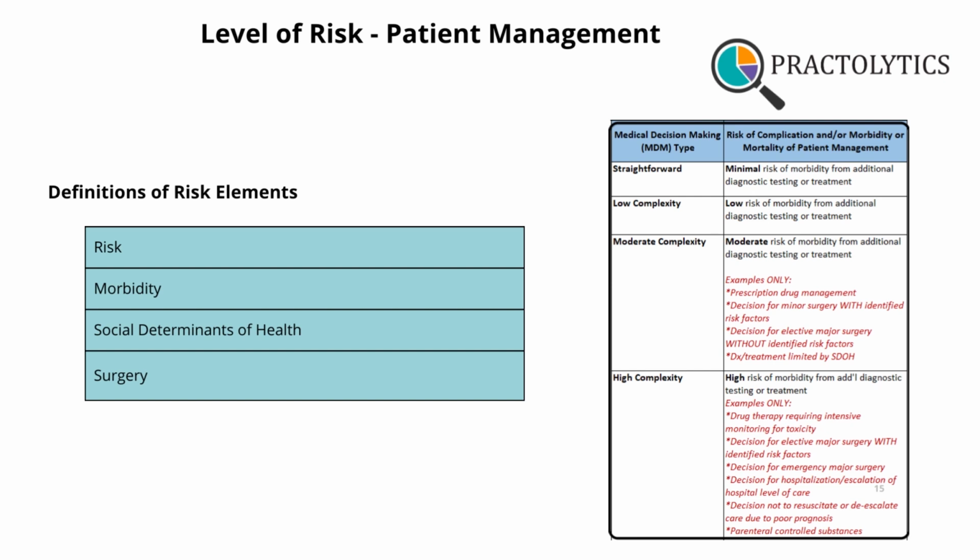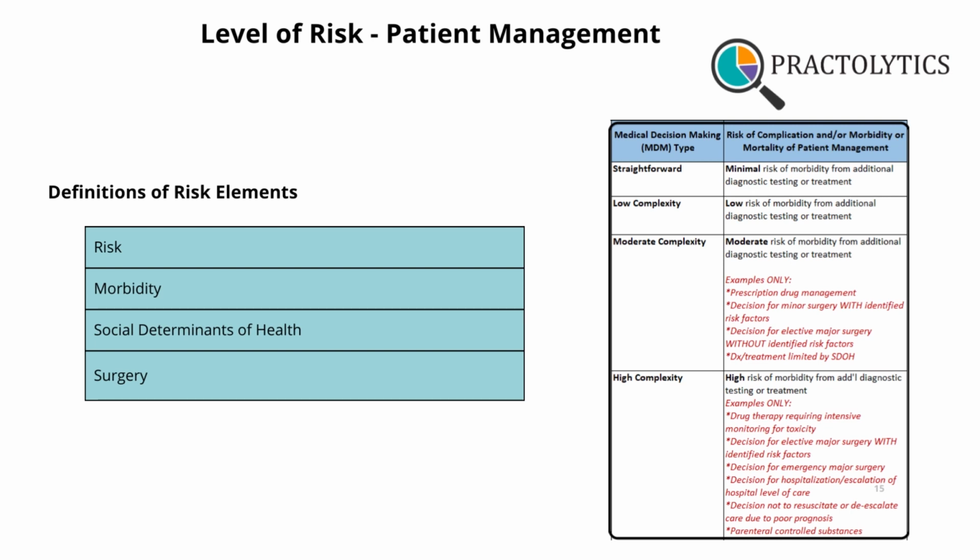Now, the second definition is for morbidity, which is a state of illness or functional impairment that is expected to be long term in duration, and with which the patient's function is limited, quality of life is impaired, or there is some organ damage that may not be temporary despite treatment. This would be the risk of morbidity.